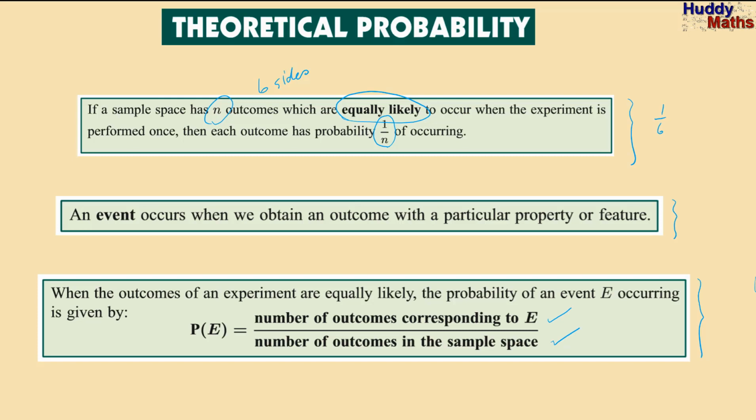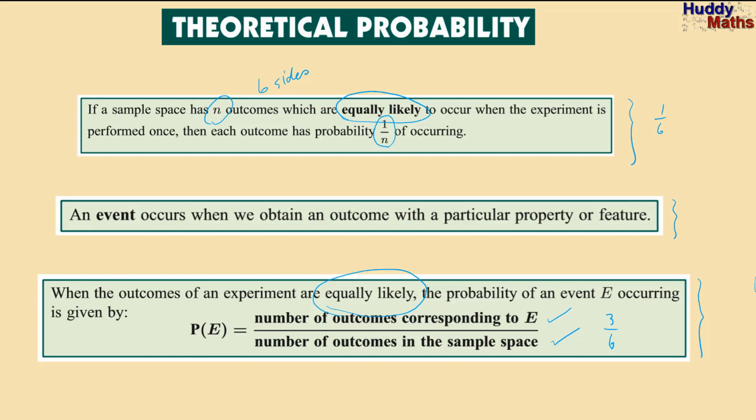So you might want an even number, so that would be 3 evens out of 6 possibilities in the sample space. This is for the die, okay? But they've got to be all equally likely, okay? Then you can just do a total of so many you're looking for out of a possible total equal to the number in the sample space.